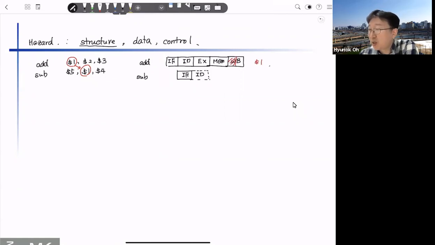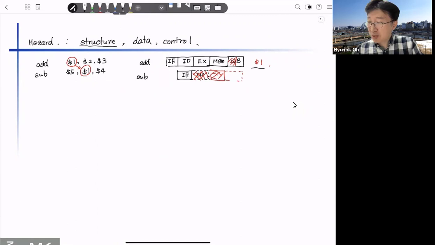So until $1 is updated, whenever we read register 1, it is old data. It's stale data. Okay. So here we can't read it because $1 is not updated. Here we can't, right? So it's totally depending on when we are updating $1 and when we are reading the data.